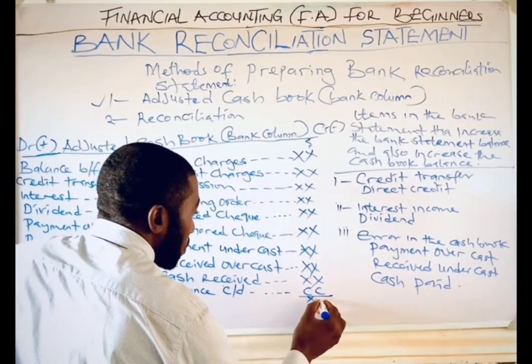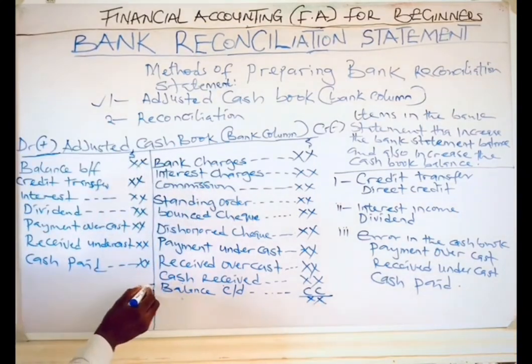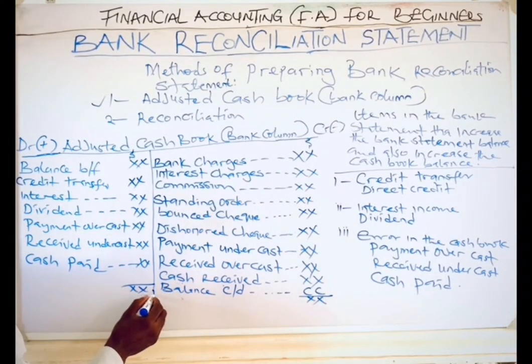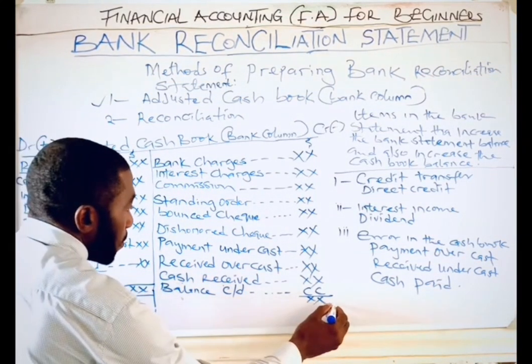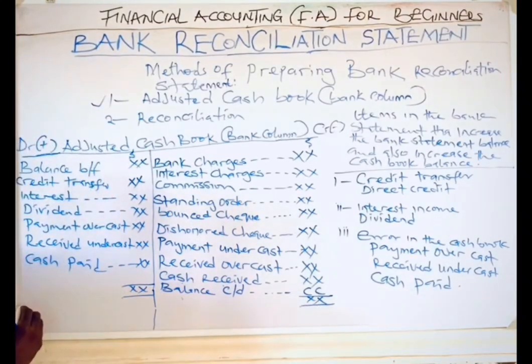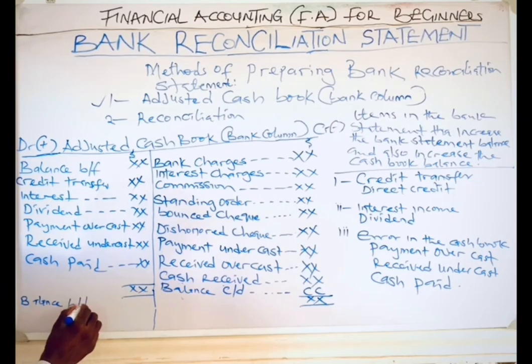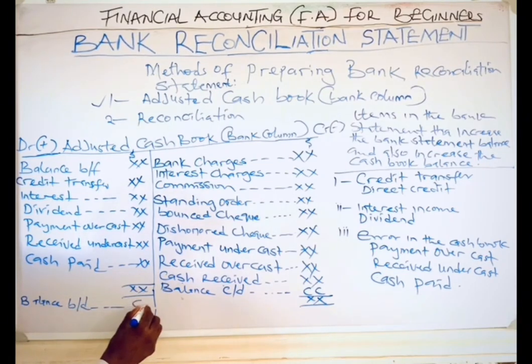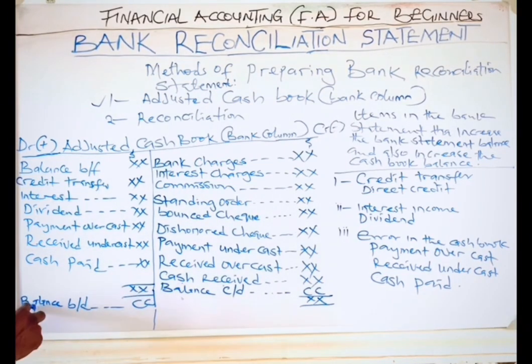You add it up, and in the next month, which is August, using our cash book that we've prepared, on the 1st of August our balance will be brought down. This is the adjusted balance of the cash book column, or updated cash book balance.